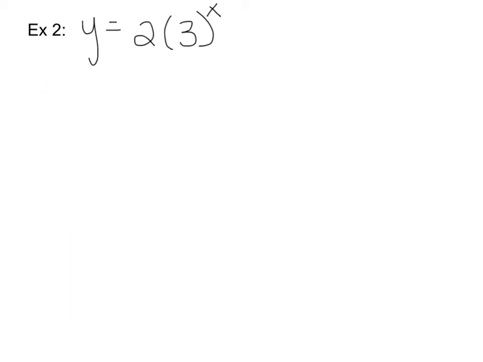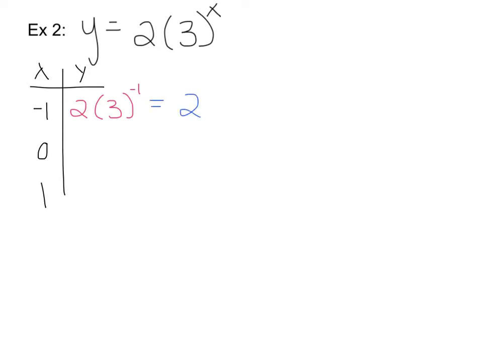Our second example is y equals 2 times 3 to the x power. Again, we want to make a little chart, and we want to plug in negative 1, 0, and 1. So that's 2 times 3 to the negative first power. The negative 1 as the exponent makes this 1 over 3.